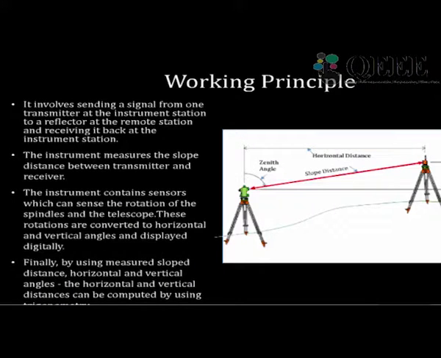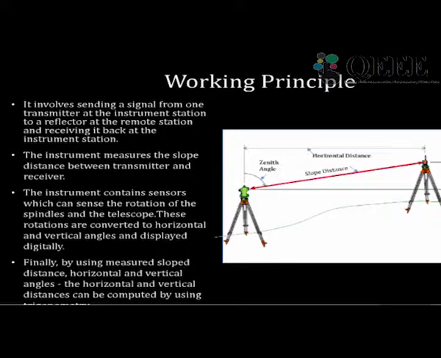Now let us discuss the working principles of typical total stations. Here you can see two stations: this is the instrument station, and this is your target station. You want to find the distance between these two stations.